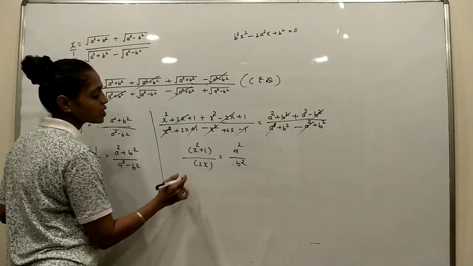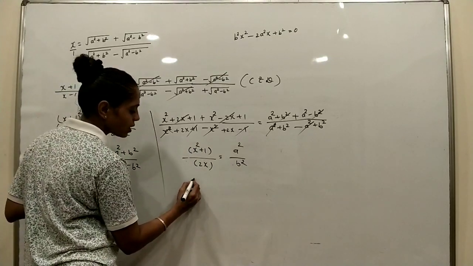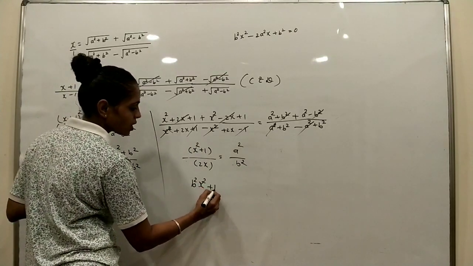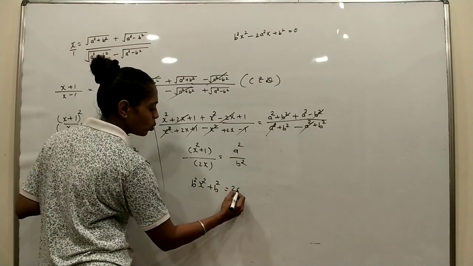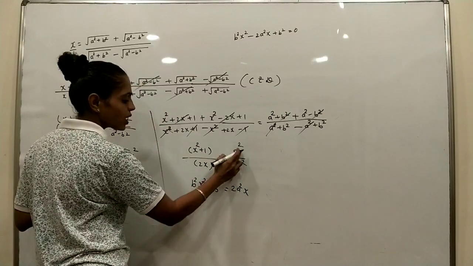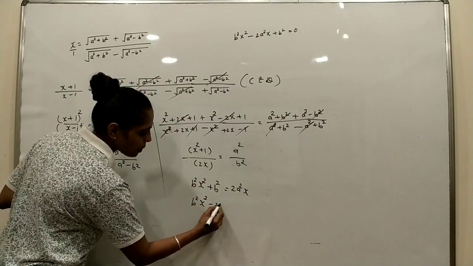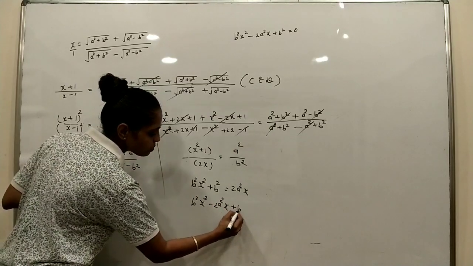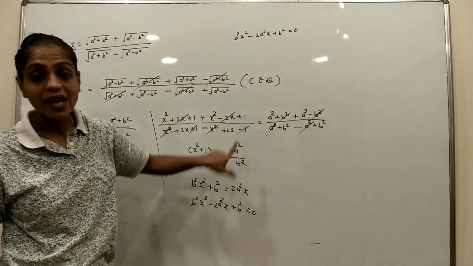Now cross multiplication: x square b square, that is b square x square plus b square equal to 2a square x. Now all on one side: b square x square minus 2a square x plus b square equal to 0. As it is proved.